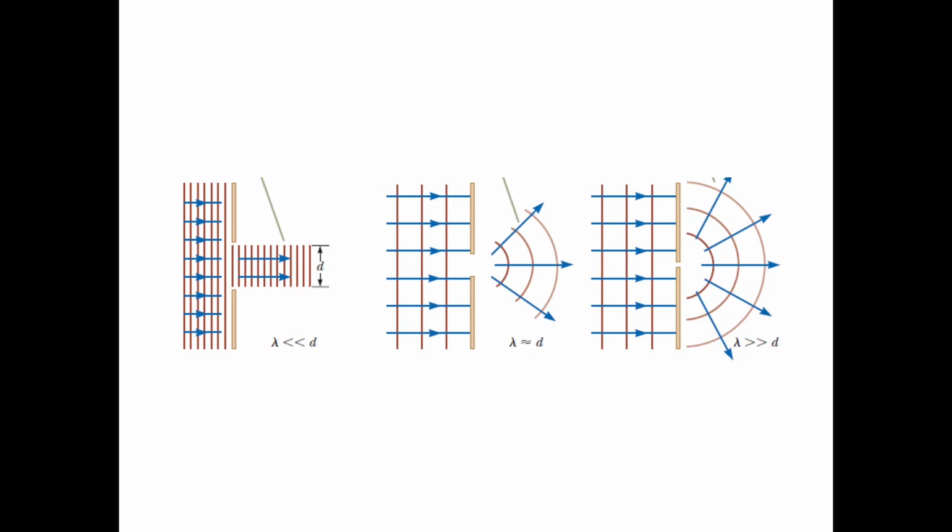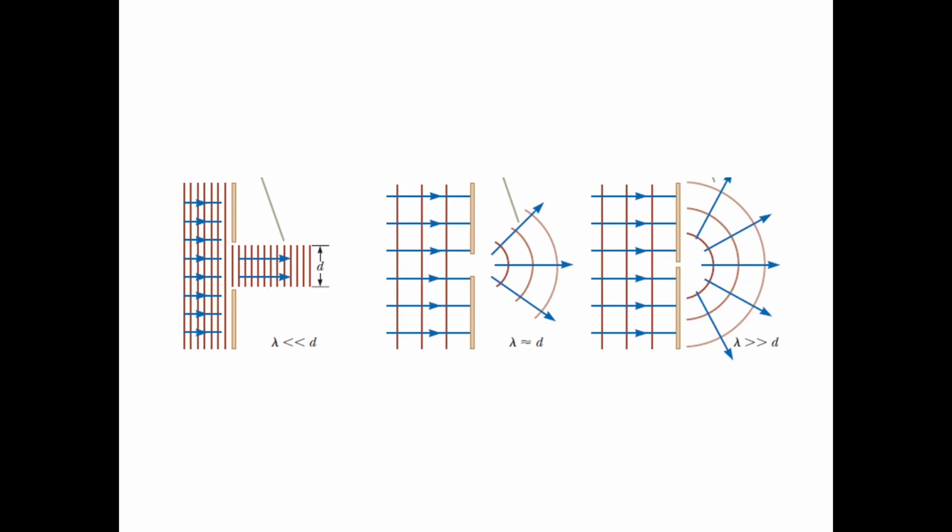So in those cases when obstacles are smaller or comparable, we cannot apply concepts of ray optics because of diffraction and interference effects which can be involved in this process.